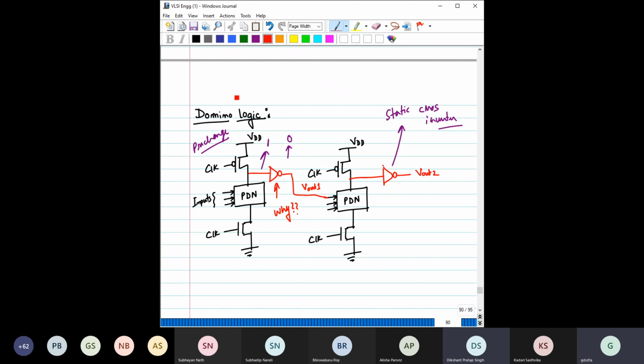Suppose you consider childhood, you have definitely played with bricks. If you place the bricks like this and give a push here, this brick will touch this one, this brick falls, this touches this, now this will fall on top of this, right? So one after another.